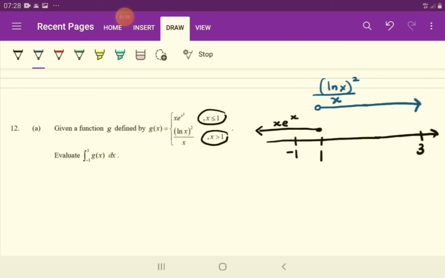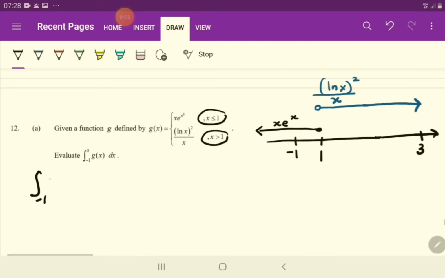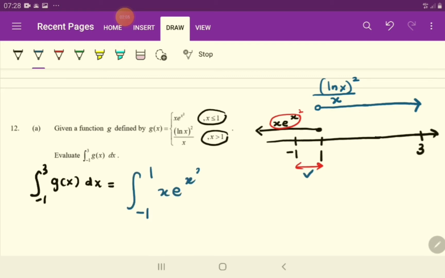So to find the integral of g(x) from -1 to 3, we need to separate it into two different integrals. The first one uses the function x e to the power x squared. Let me write down the first integral from -1 to 1: the function is x e^(x squared) dx.